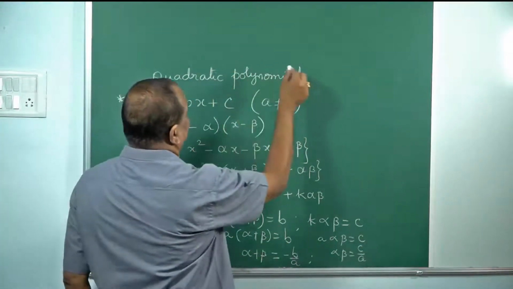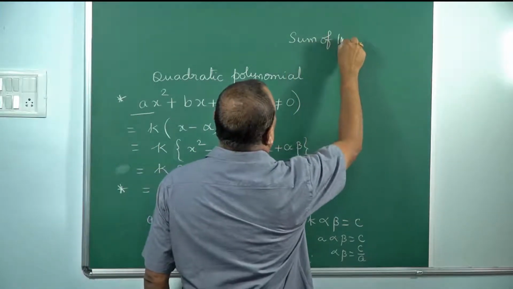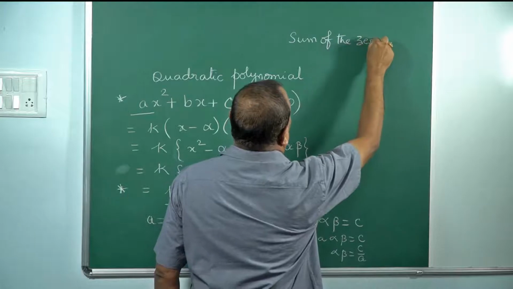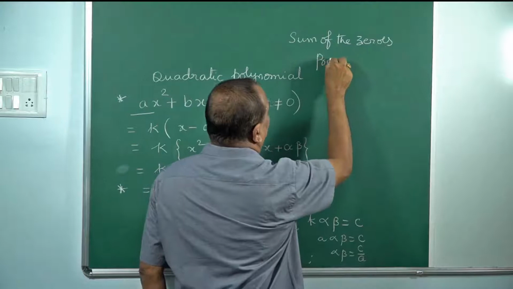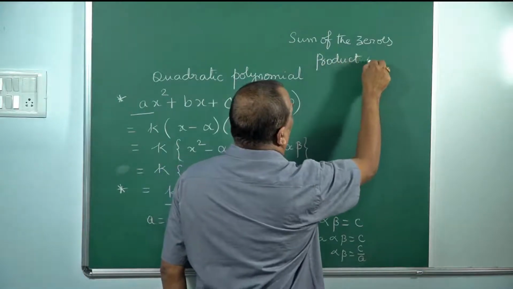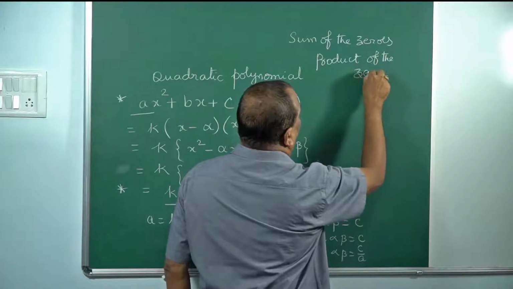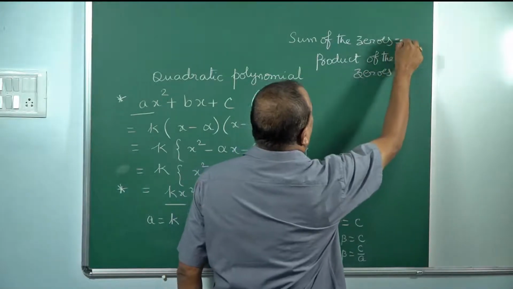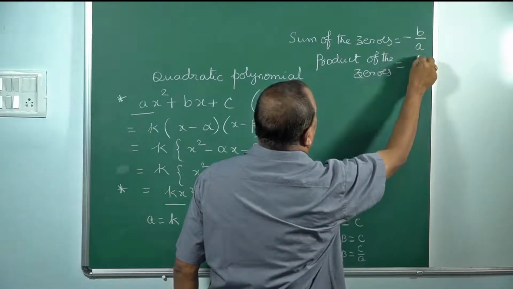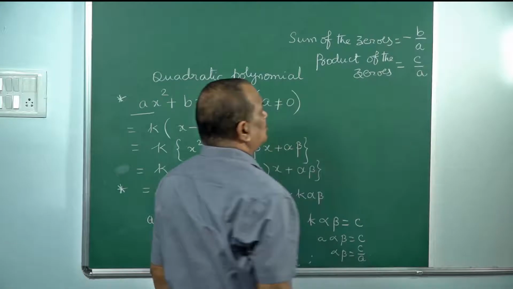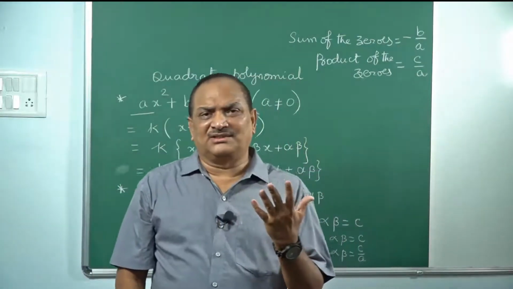I just write here, sum of the zeros, I got a formula for that, and product of the zeros, I got a formula for that, and this is minus b by a, and the product is c by a.